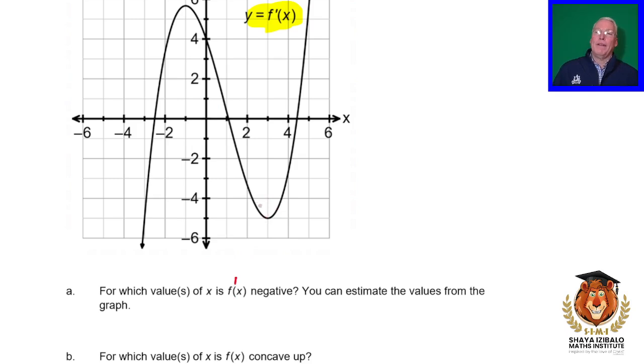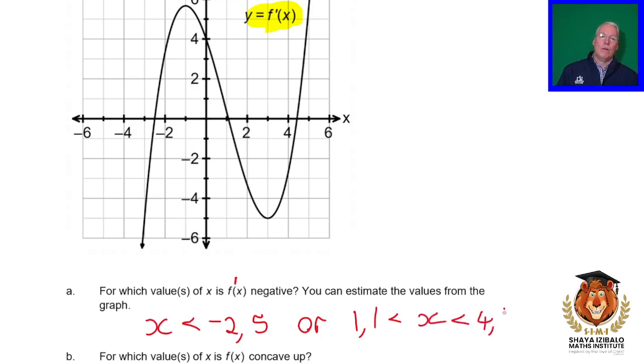The gradient is negative for x less than about -2.5, or from just a little bit bigger than 1.1 up to about 4.4. That's where the gradient is negative.